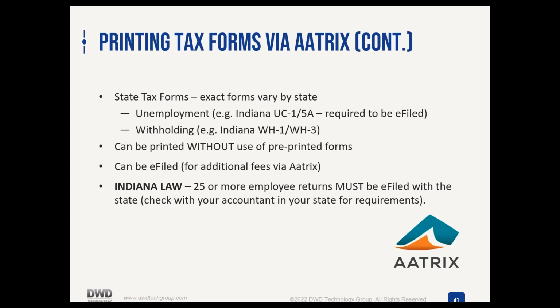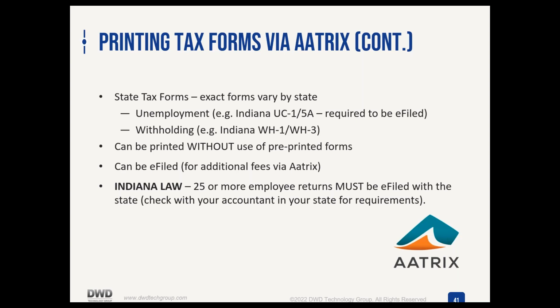As I mentioned, we can certainly do state tax forms. The exact forms would vary by the state you are in. I can speak to Indiana because that's what I am used to. The Indiana unemployment form, the UC-1 5A, is actually required to be e-filed, or you have to file it on the Indiana Department of Workforce Development website. The withholding forms, I think those can be e-filed.